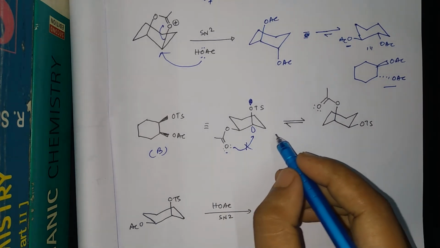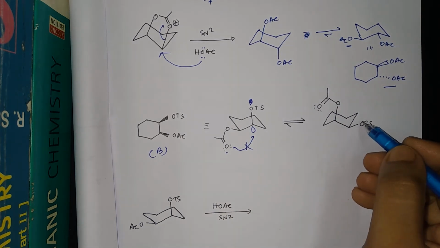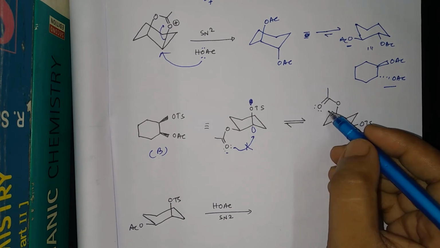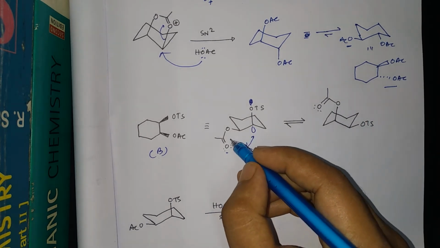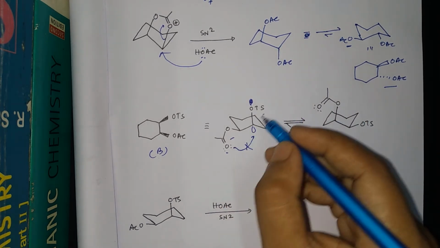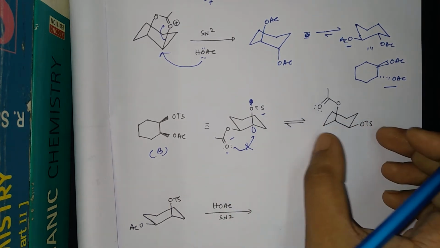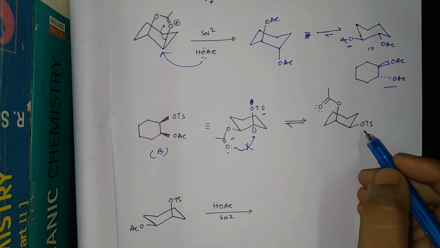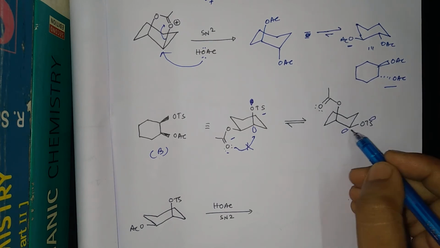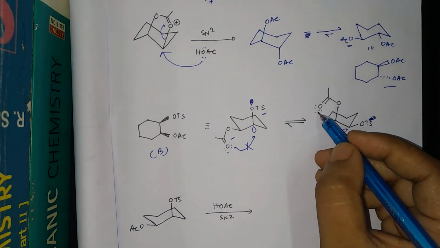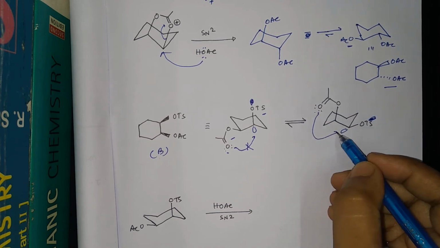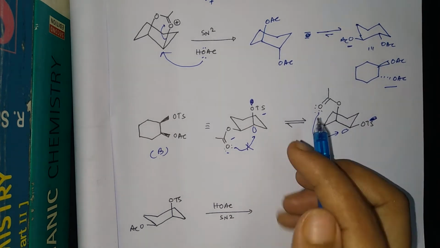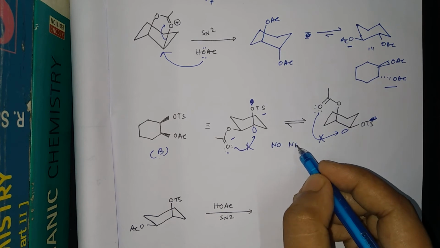If the ring flips, one is axial and one is equatorial, and these have nearly equal energy. Here also the sigma star orbital is far from the oxygen lone pair and it cannot donate its electron. Therefore no NGP is possible in this case.